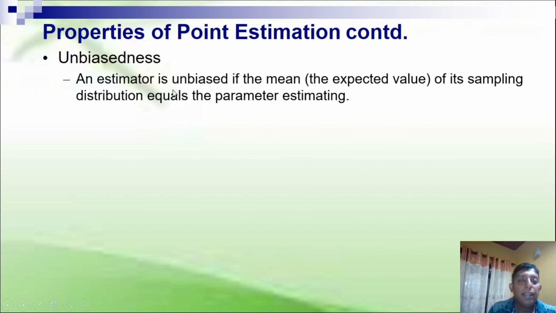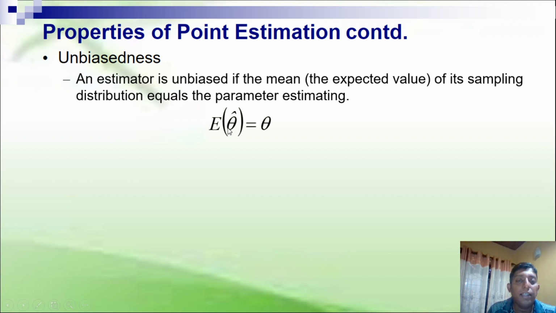An estimator is unbiased if the mean or expected value of its sampling distribution equals the parameter being estimated. This is the estimator theta hat. Suppose the population parameter is theta, and we use theta hat as an estimator to make an estimate for this parameter theta.